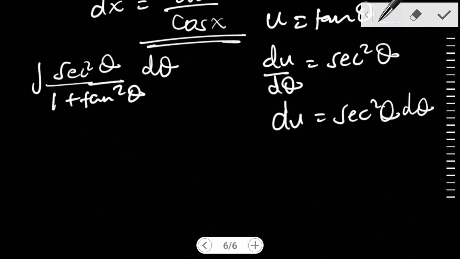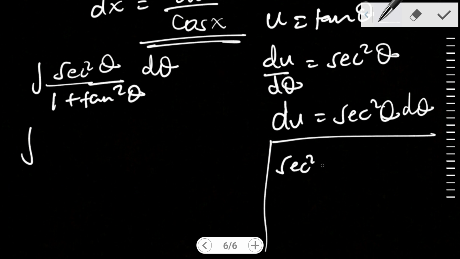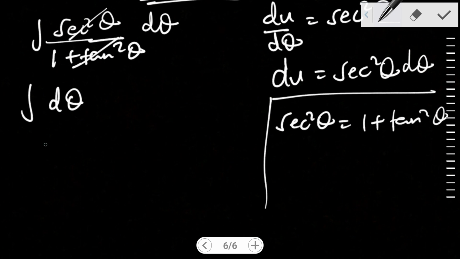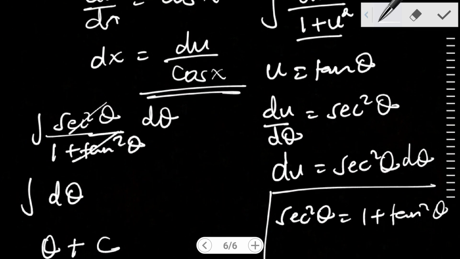And therefore, if we work this out, we will find that this is going to be the integral. Remember, if you have sec squared theta over 1 plus tan squared theta, this would give me a 1. Therefore, I'm going to have the integral of d theta. So the next thing here, I'm going to have theta plus our arbitrary constant, but theta was equal to something.